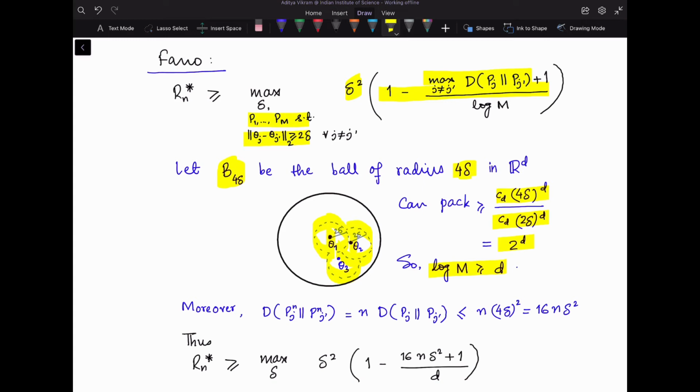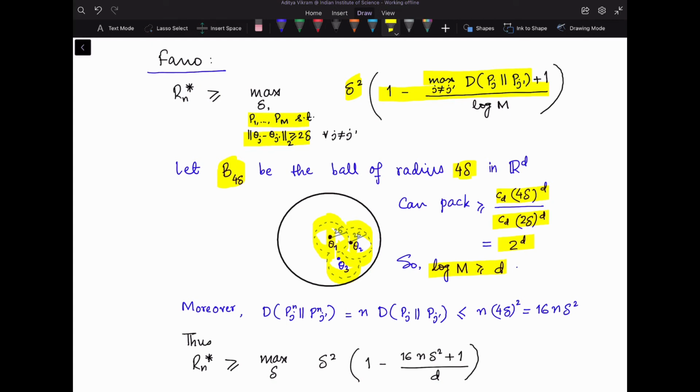The KL divergence between Pj and Pj dash is basically the L2 distance squared between theta j and theta j dash. So if you want to keep this maximum KL divergence small, we want to keep the maximum distance between thetas small as well. This is the reason why we choose this ball of radius 4 delta and then pack the smaller balls of radius 2 delta inside it.